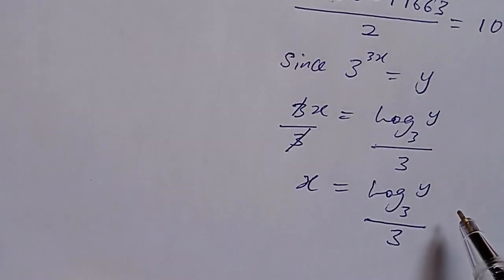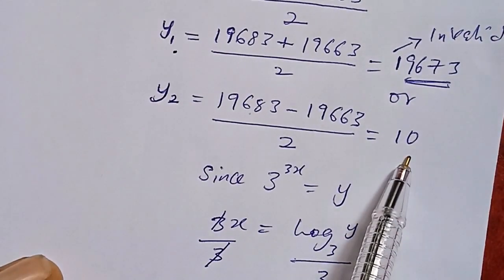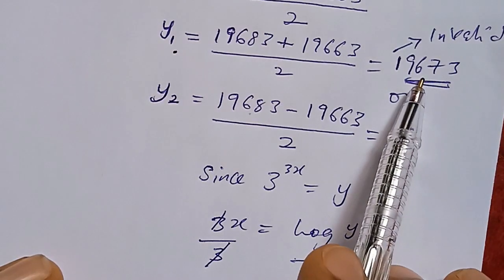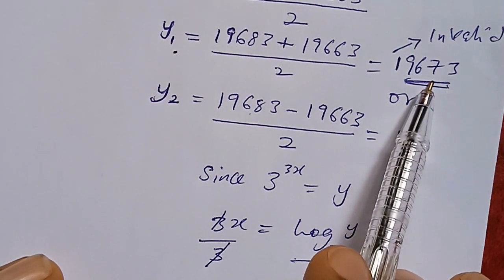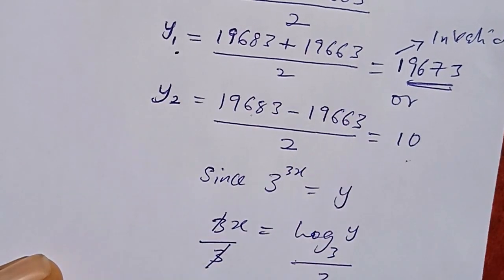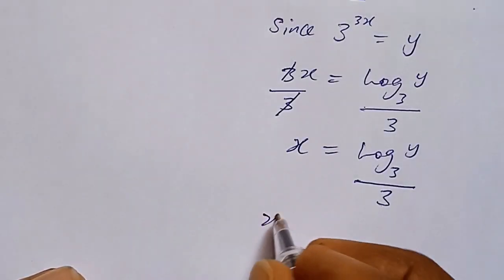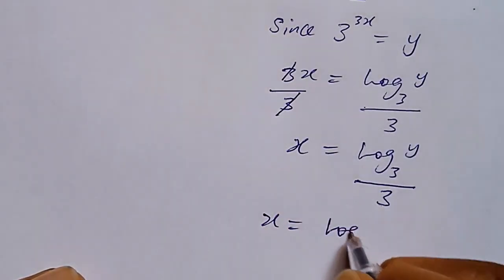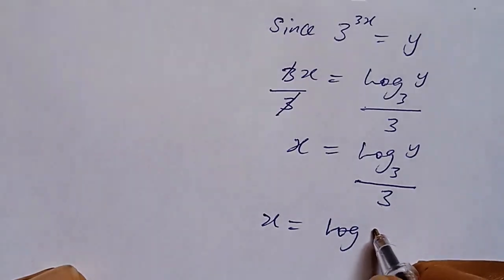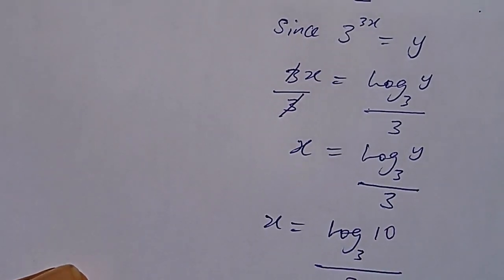So we can now input the valid value of y, not the invalid large one, but the second one, which is y2. So if we input that value over here, we have x equals log 10 base 3 over 3.